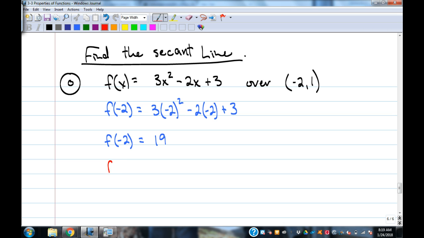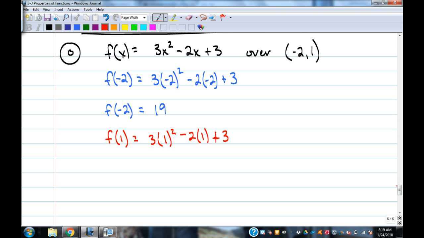And then we're going to find f of 1. That's going to be 3 minus 2 is 1, plus 3 is 4.